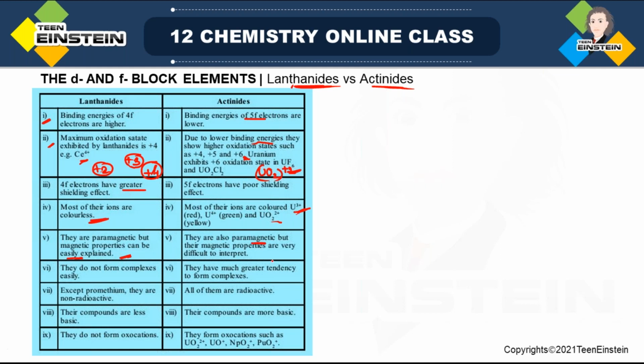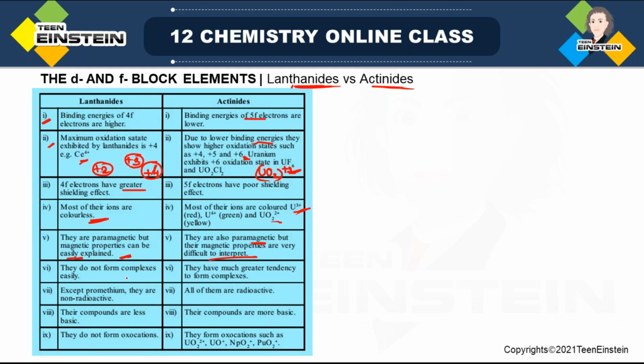For actinides, they are also paramagnetic, but their magnetic properties are very difficult to interpret. In case of lanthanides, one formula is given when I have discussed, and if you follow this formula clearly, it will give you the correct result. But for actinides, you will not see any proper formula based on which you can determine the magnetic moment.